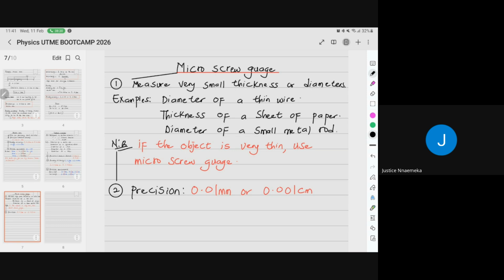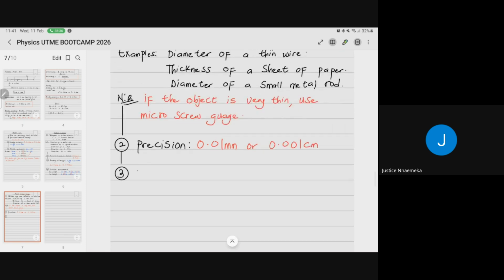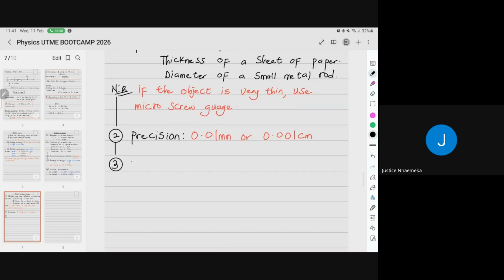So now the next thing we have to talk about is your accuracy, your reading accuracy. And I've told you how to obtain the reading accuracy just by dividing. That's 0.01 millimeter divided by 2, which will give us what?